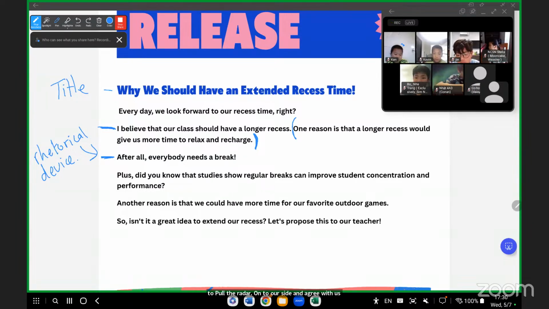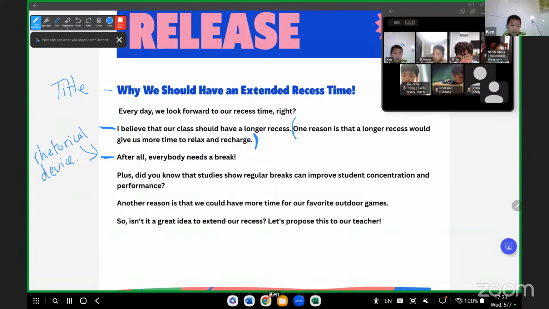So once we have given our reason, what are we looking for next? Ken? It is evidence. Very good. And where do we find the evidence in this piece of writing? Ken?